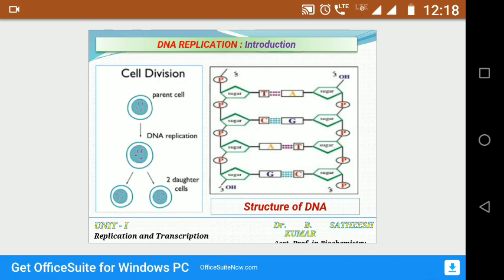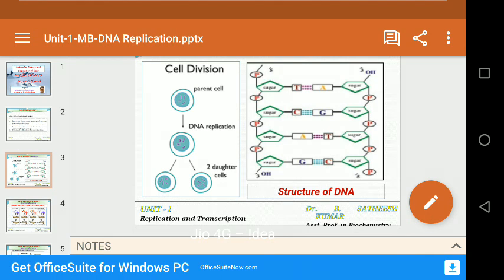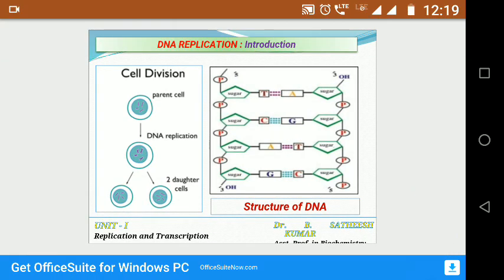This is the basics of double helical DNA structure. So that is about the basic structure of DNA. Double helical DNA. DNA acts as genetic material, as we all know about it.